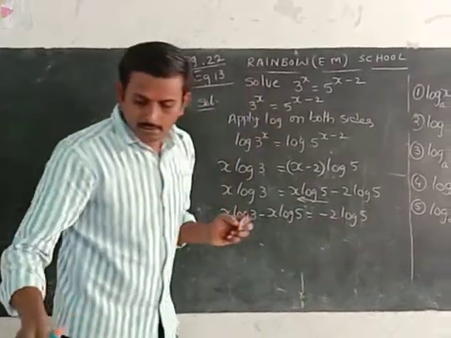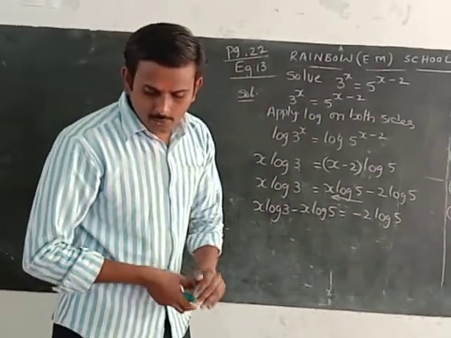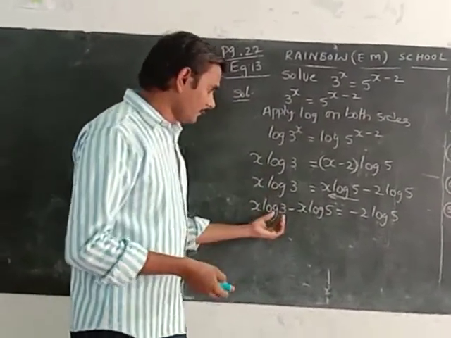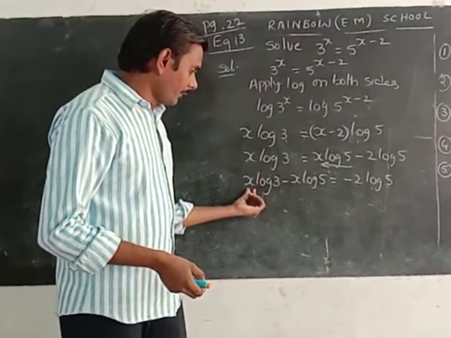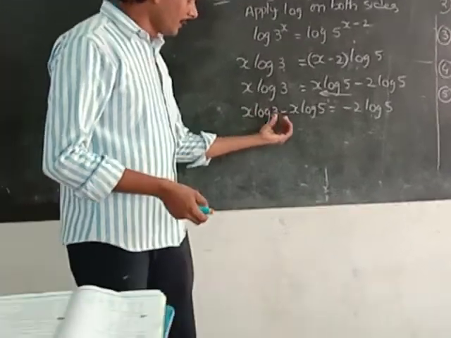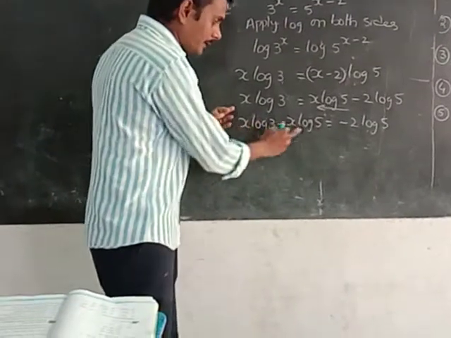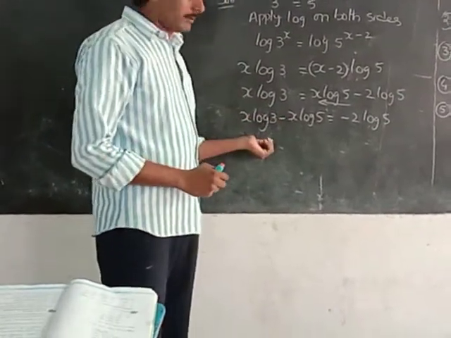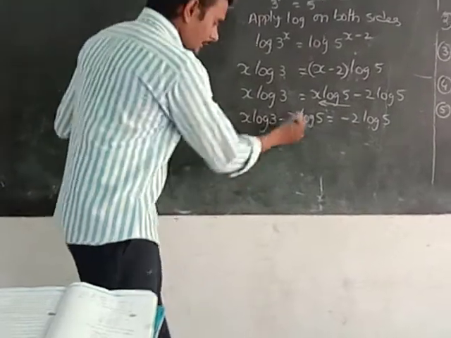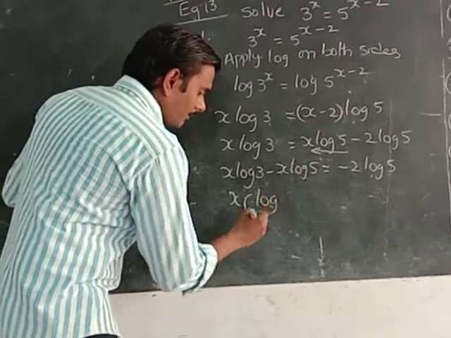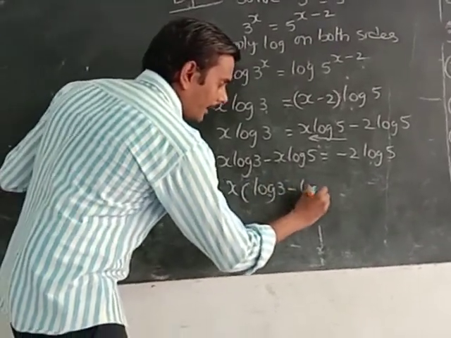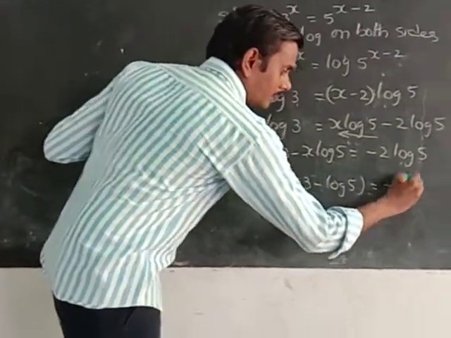Here x is common, so we take x common: x times log 3 minus log 5 equals minus 2 log 5.